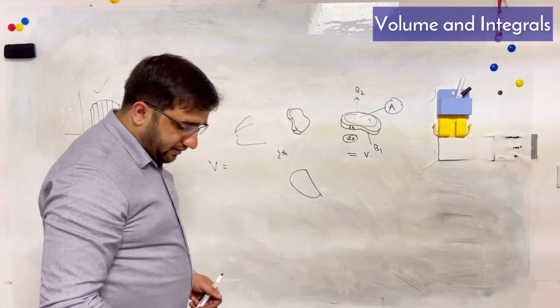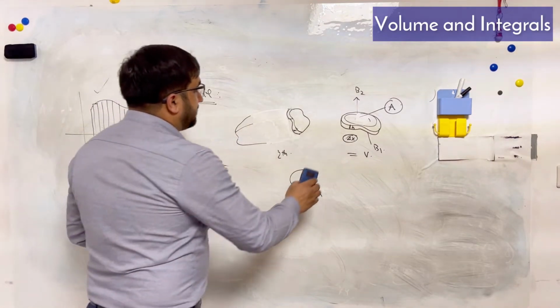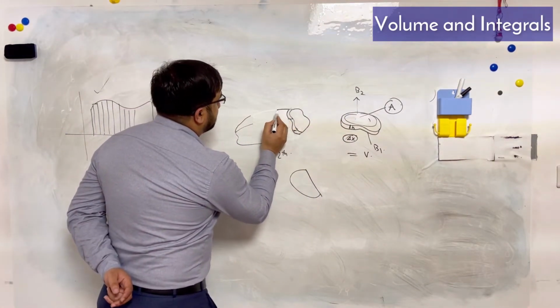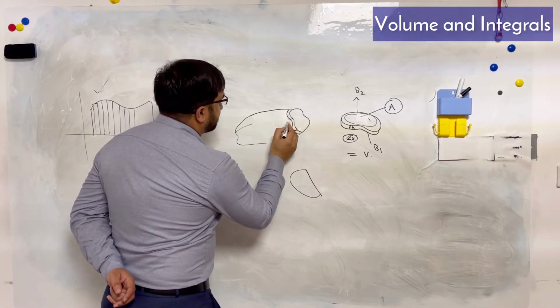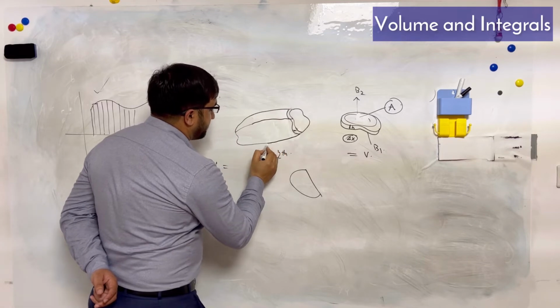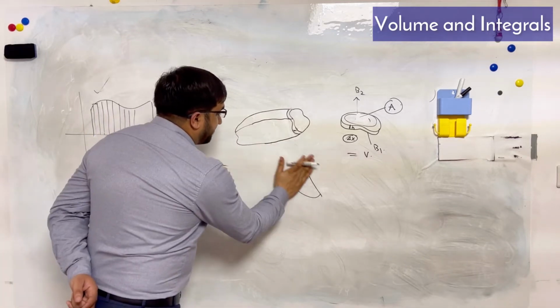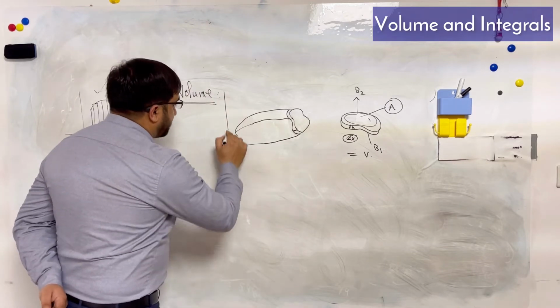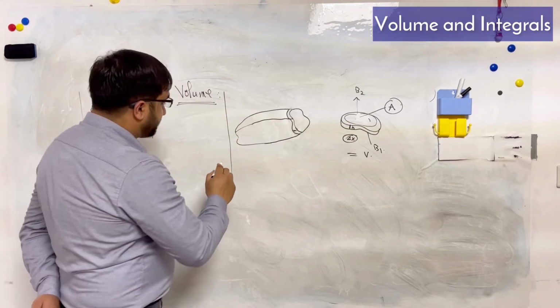Now, okay, let us keep that thing, and we do some mathematics here. The same shape, and I'm saying that I'm going to cut it down. Okay, let me draw the coordinates.